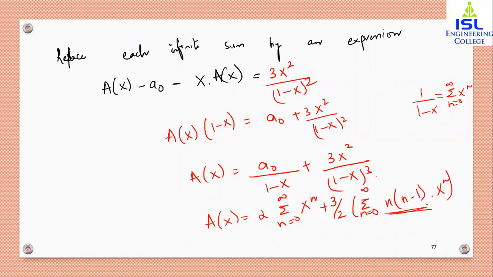How are we getting this? We are using our table again, apart from that inverse transformation, then we are getting this. So our final general solution is a n is equal to 2 plus 3 by 2 into n into n minus 1 for n greater than or equal to 0.